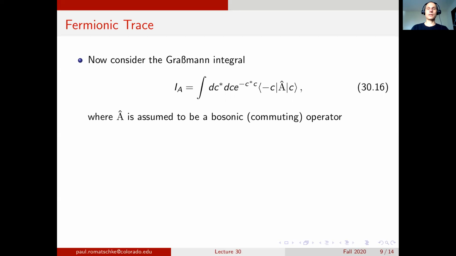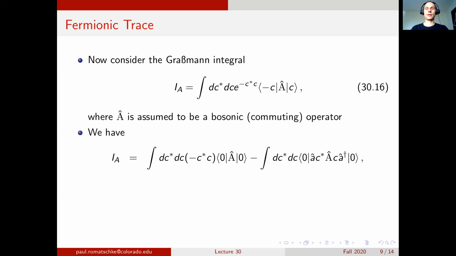Another integral that we consider is the following integral here that I call I_A. It is an integration weighted with respect to another Gaussian of the expectation value of minus C and C of this operator A hat. And in the following, I'm going to assume that A hat is a commuting operator. So it's not a Grassmann object, it is commuting. Again, expanding the bra and ket states, we find that this gives rise to the difference between these two integrals here, which again, using the rules of Grassmann integration, we can evaluate.